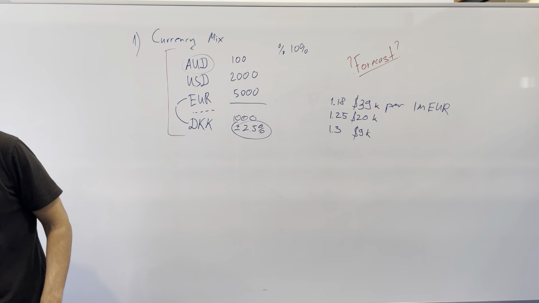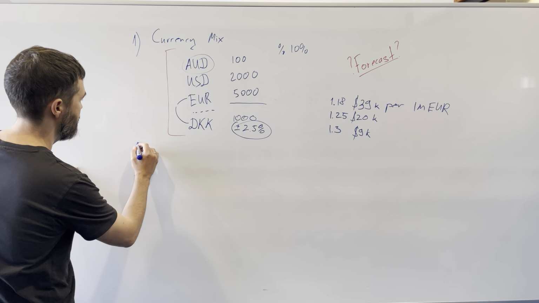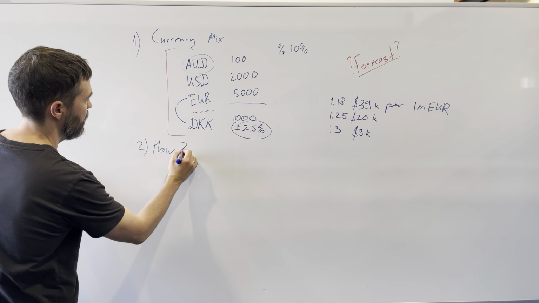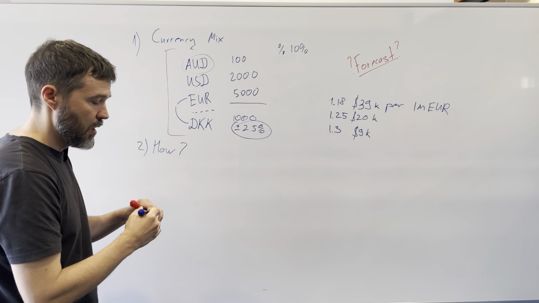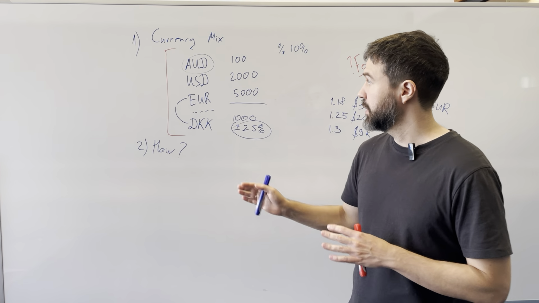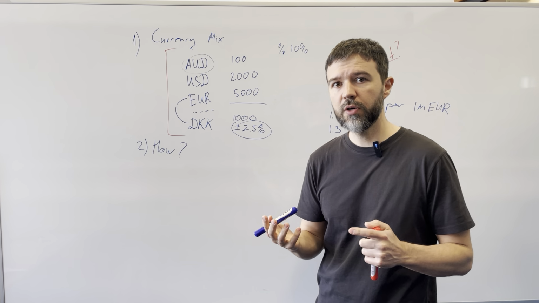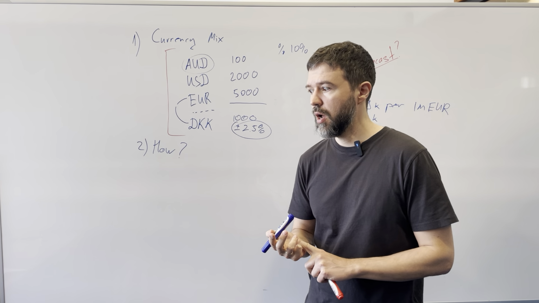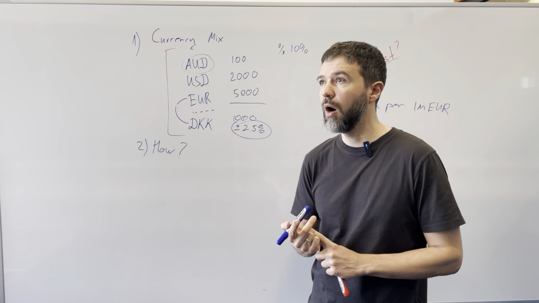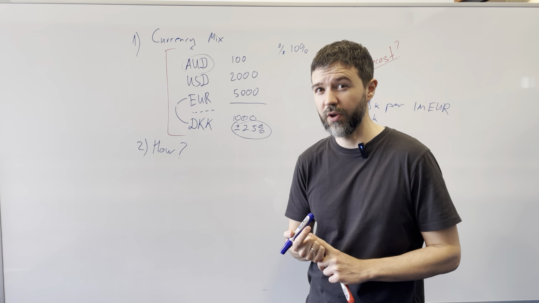The next one is how to hedge. Let me list it here. How? Again, this is about available instruments, and it depends on some factors, not many. What broker do you trade with? What is your size? How strong is your negotiation position with the broker?